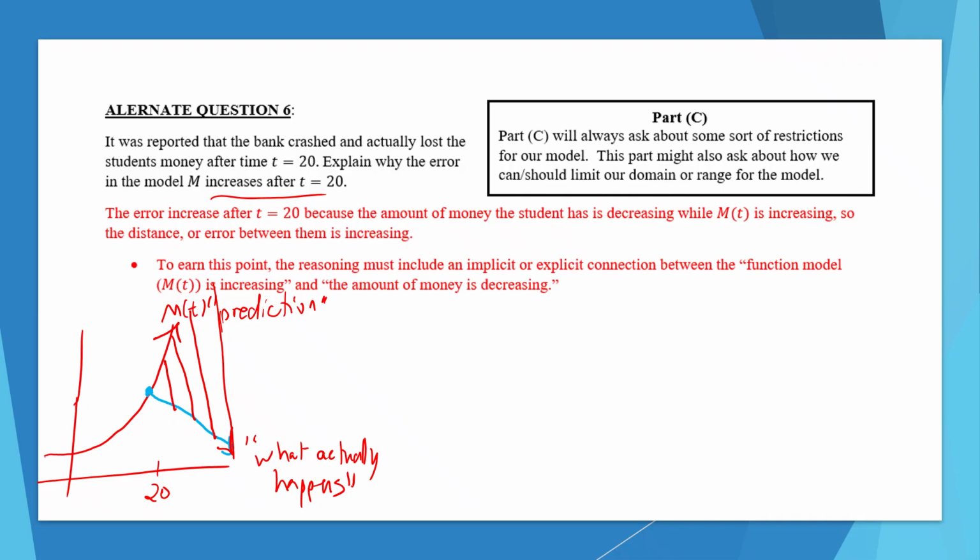So here on the rubric, it says to earn this point, the reasoning must include an implicit or explicit connection. So I just need to be able to tell somewhere in your answer that you know the function model, which is M. So basically, I need to see two things. I need to see you show me that M of t is increasing while the amount of money is decreasing, and showing that you know both of those things are happening simultaneously after t equals 20. And so I would word my answer like this.